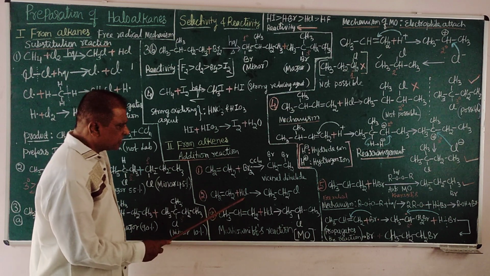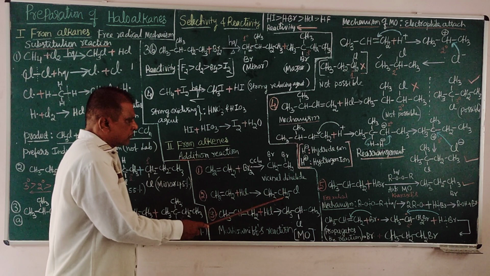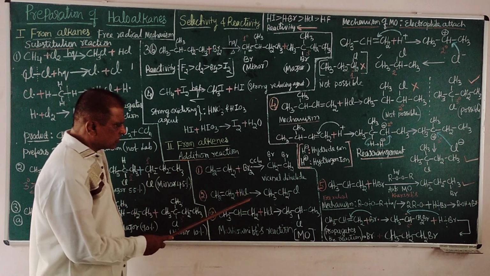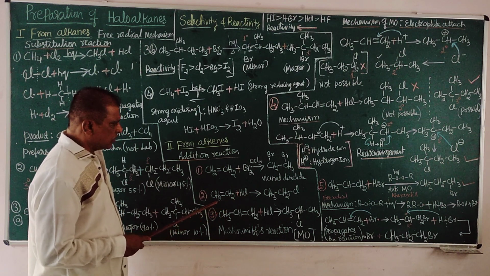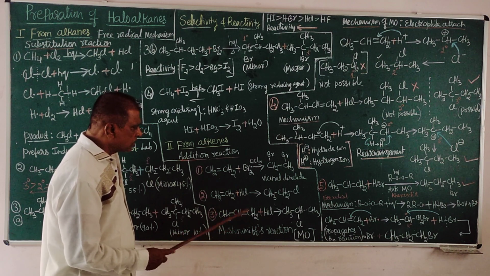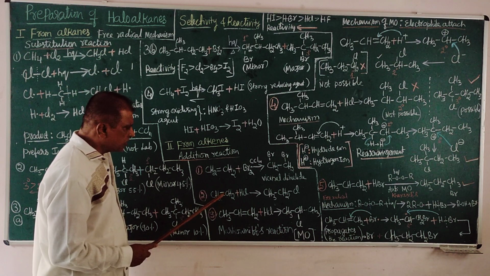If HCl is added, that is H and Cl, either this or this. In this case, what is that? That is symmetric, and this is unsymmetric. If we go for higher alkenes, the next higher alkene, this alkene is symmetric.